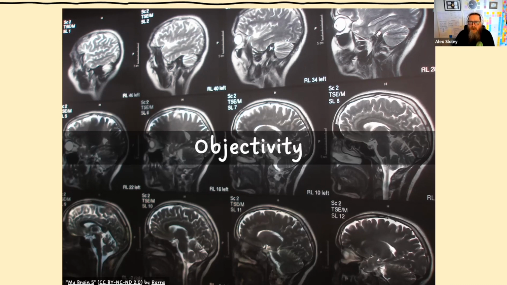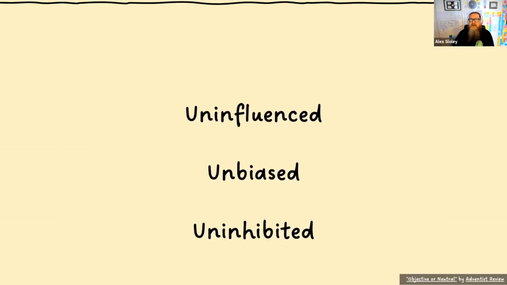So what is objectivity? It's a bunch of words. And these are the three that resonate with me the most, and I thought I'd share with you. It means you're uninfluenced. You're unbiased. And I think most interesting of all, uninhibited.